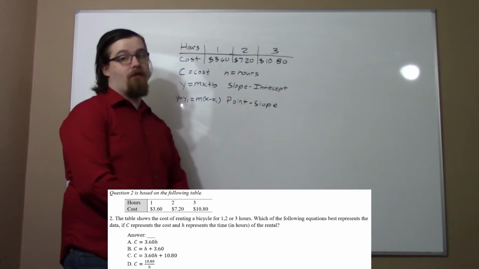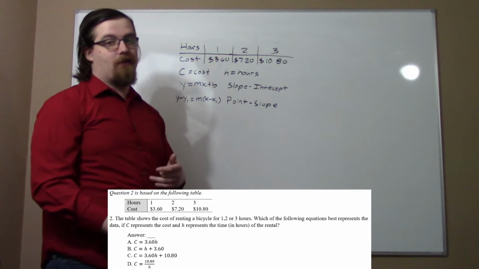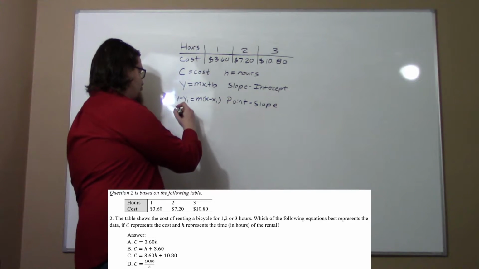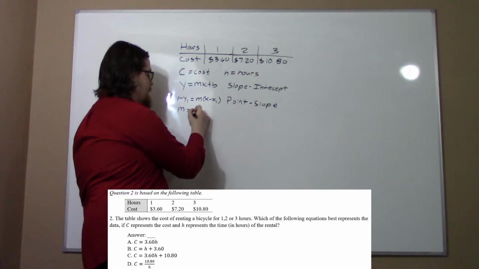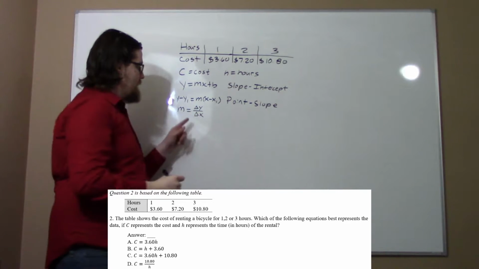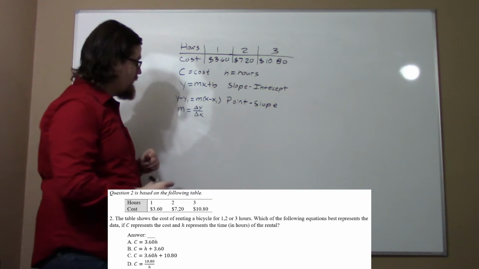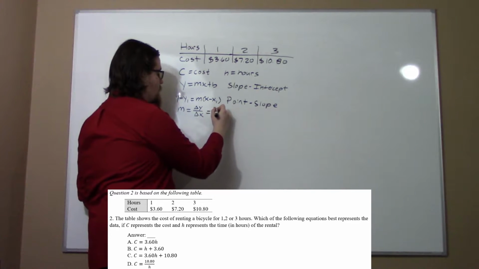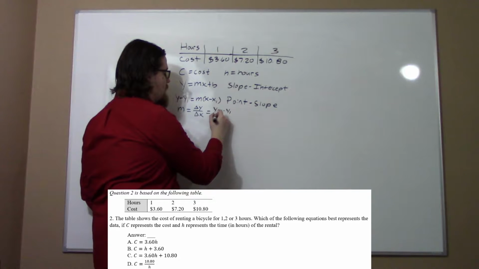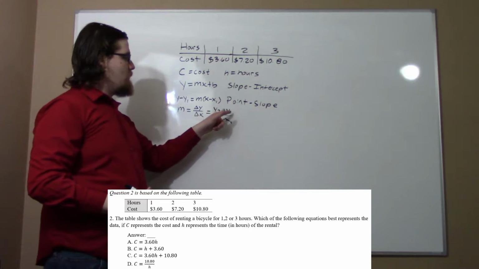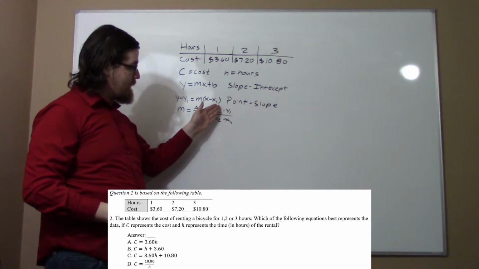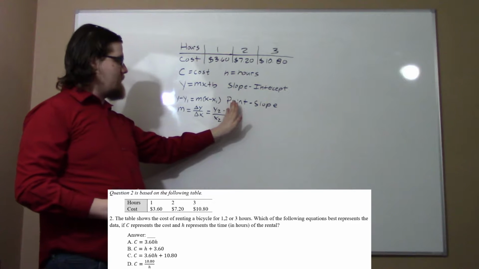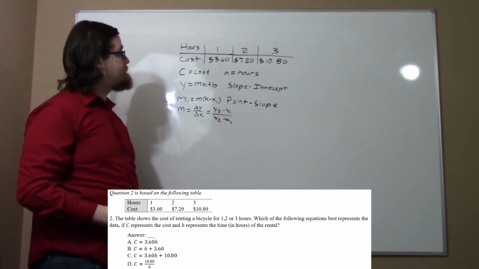In addition to these general linear equations, we also need the formula for the slope. The slope m is written as the change in y over the change in x, where this symbol here is delta, which just means a change. This can also be written as y2 minus y1 over x2 minus x1, where y2, y1, x2, and x1 refer to a first point with the x1 and the y1, and a second point with the x2 and y2.